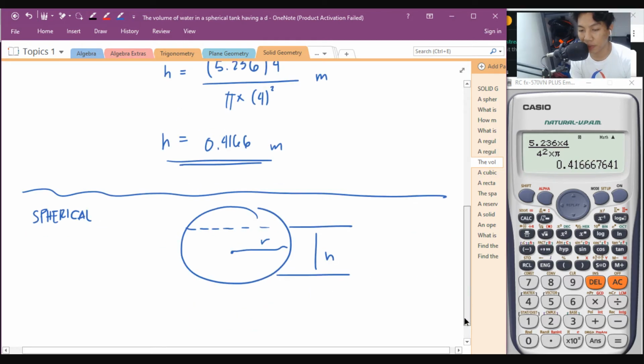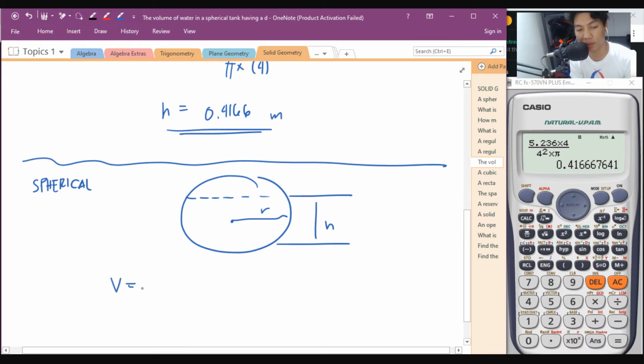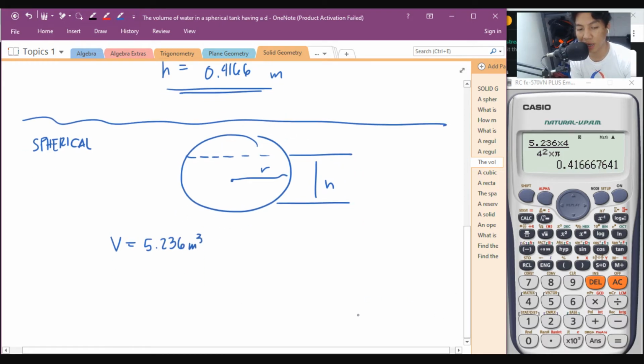What is the volume of a spherical segment? The volume of the spherical segment is 5.236 meter cube. For a spherical segment, the volume is pi h squared over 3 times 3r minus h.